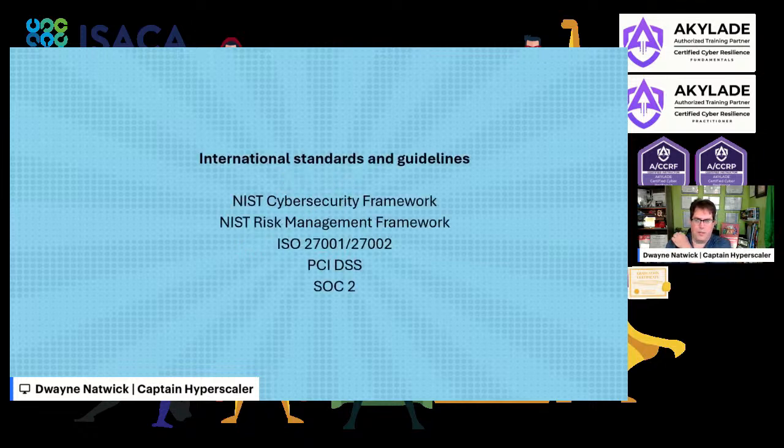Depending on, if we're in financial, we have PCI DSS, we have ISO, potentially SOC. If we're running our own data center, those are all things that we need to consider. Those are all external factors that we need to look at as we align our prioritization of our risk.